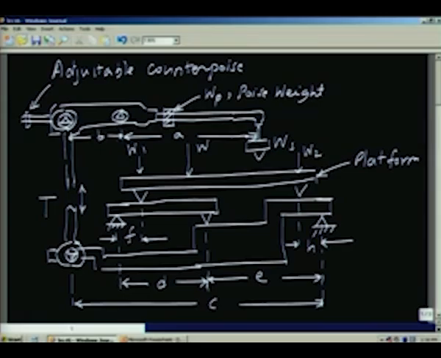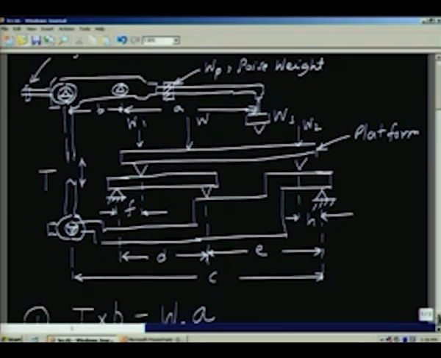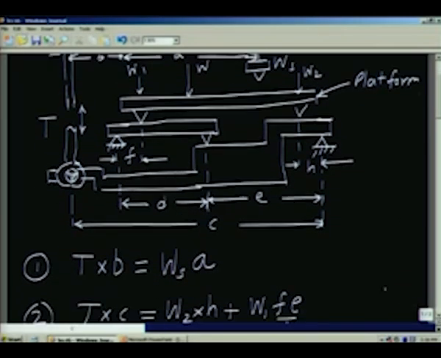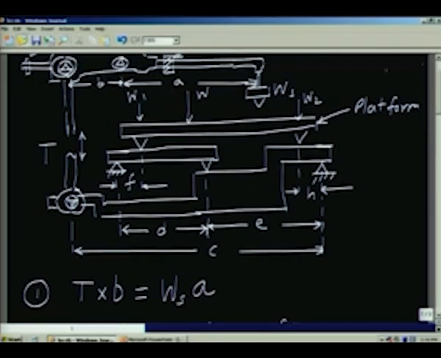Okay. So we can analyze this very easily by going through part by part, and let us look at what are the equations we are going to get. It is just a balance of moments. If you apply it to this member, Ws into A, that is the moment acting in the clockwise direction, must be equal to T multiplied by B, which is acting in the counterclockwise direction, if the balance is there.